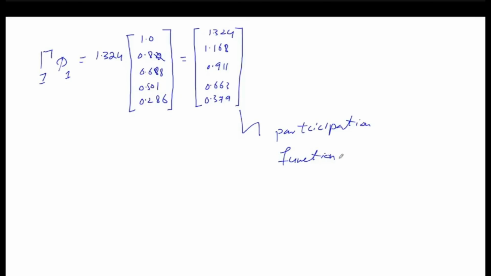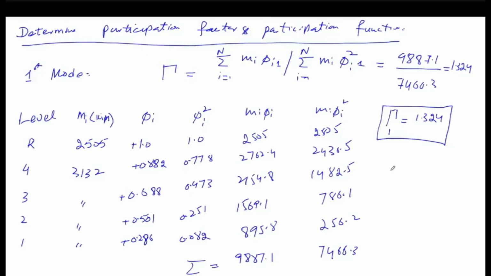Remember that the participation function is constant for a particular mode. We just mentioned that this value is always constant. If you look at the participation factor, this number depends on how you normalize the mode shape. If you do not normalize the mode shape, you will get a different factor.